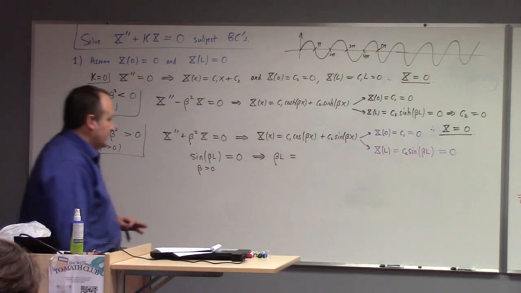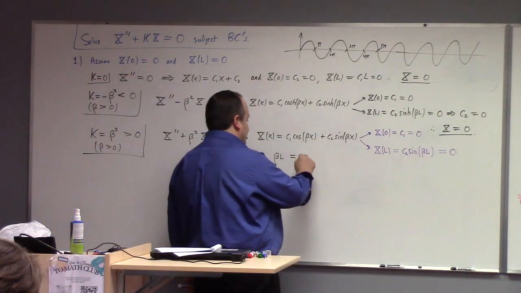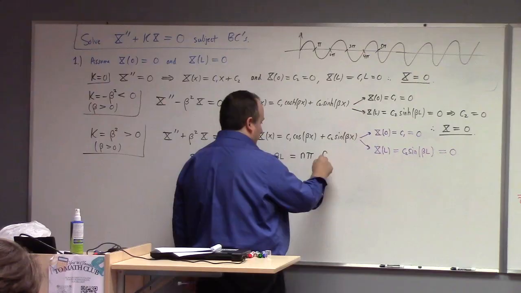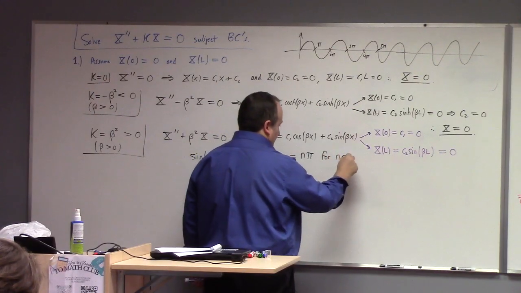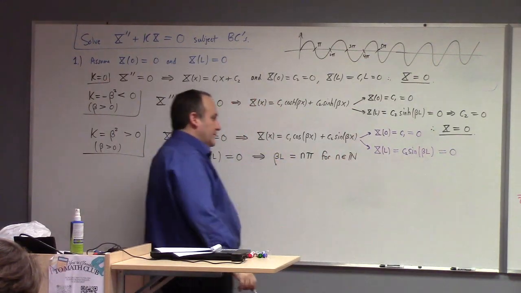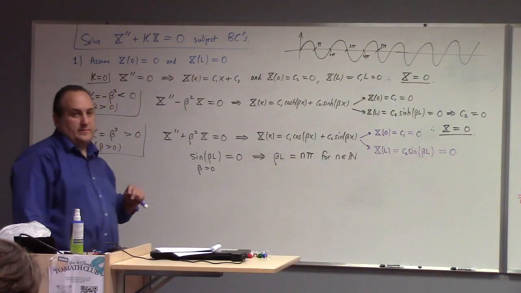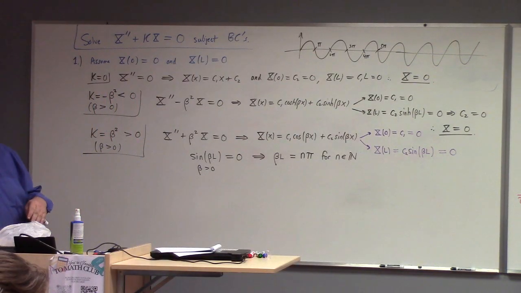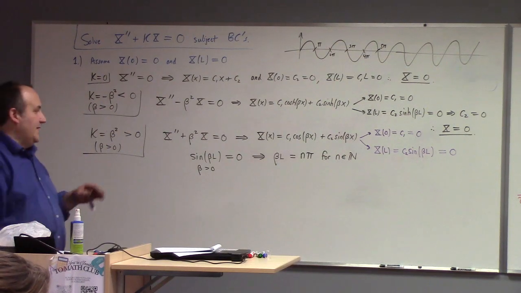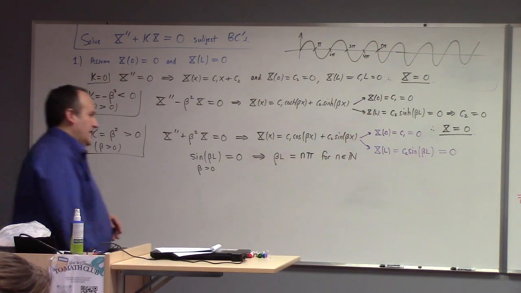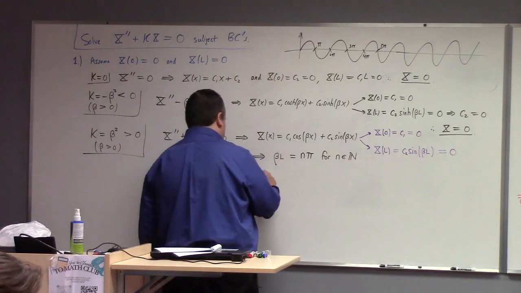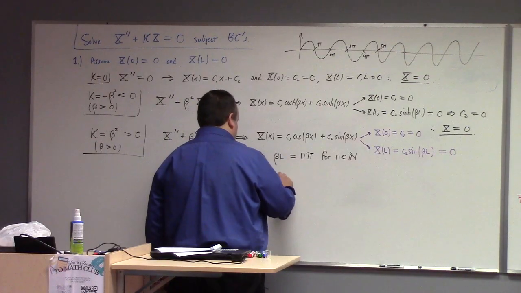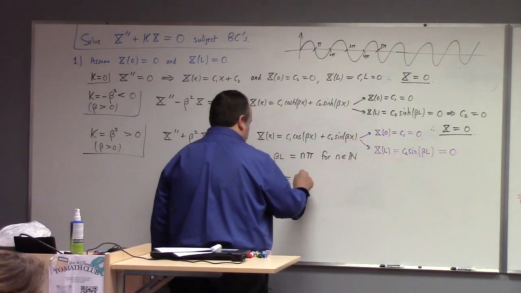How about this? Any multiple of pi. Zero won't do, because that would force beta to be 0. We can't have that, right? But any positive integer will do. And so you see, we find something a little bit weird here. Beta actually is equal to n pi over L.